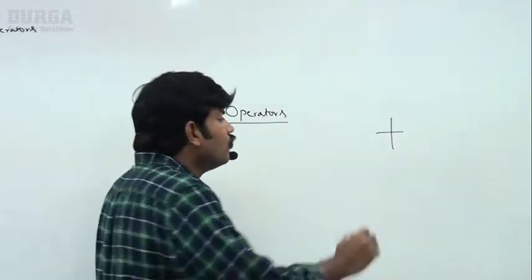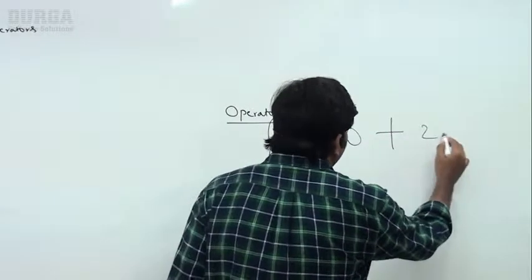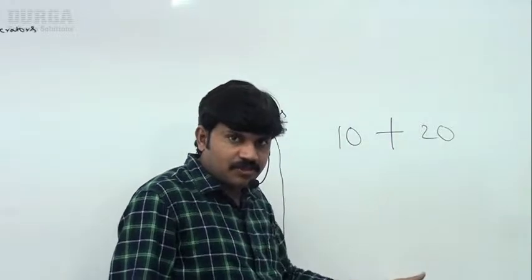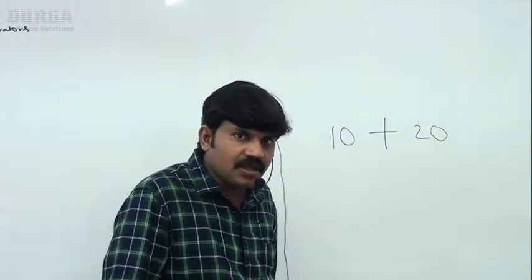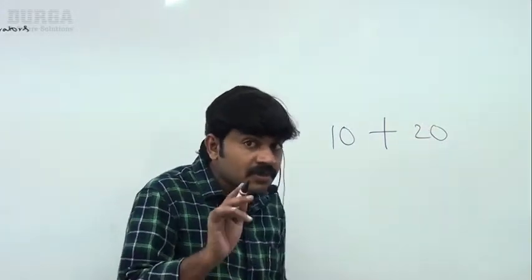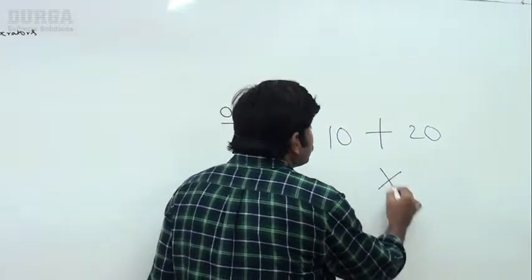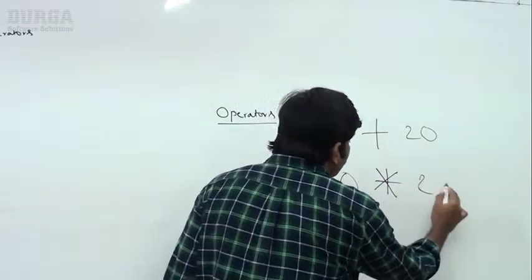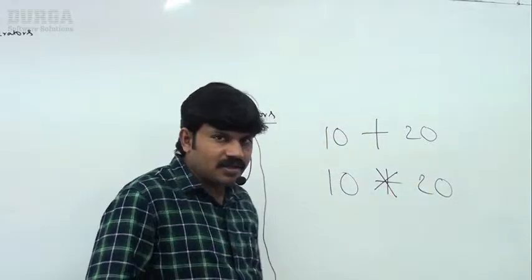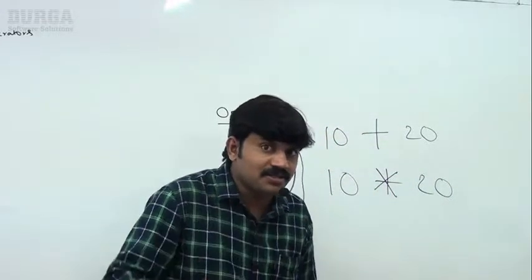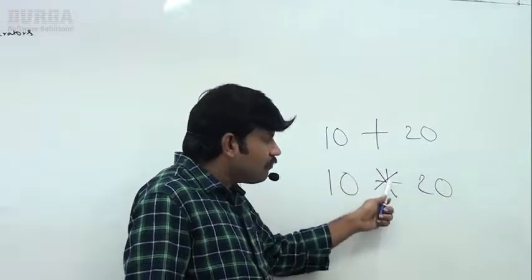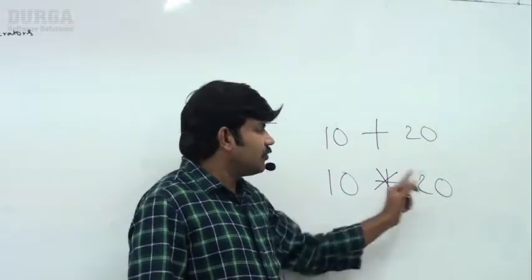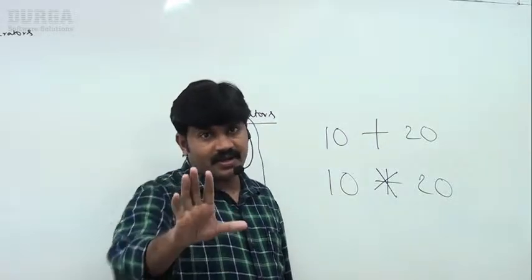It is an operator responsible to perform arithmetic addition. 10 plus 20: this plus performs the addition operation, and the result will be 30. In the same way, there is the star operator. 10 star 20: this star is responsible to perform multiplication. So the symbol which is responsible to perform a certain activity is by default considered an operator.